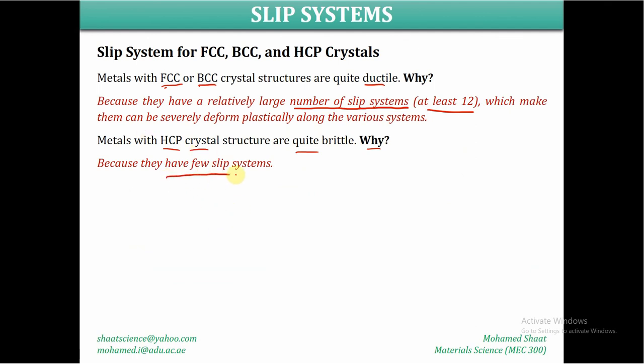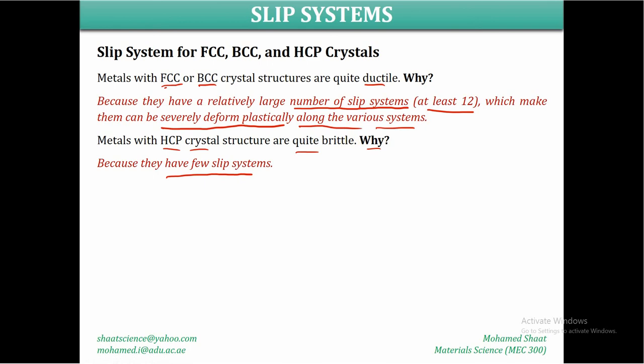Because of the few slip systems in the HCP and the large number of slip systems, at least 12, in the FCC or BCC crystal structure, which allows them to be severely plastically deformed along the various slip systems. So it is easy to achieve plastic deformation for a BCC or FCC crystal structure. So this is the reason.